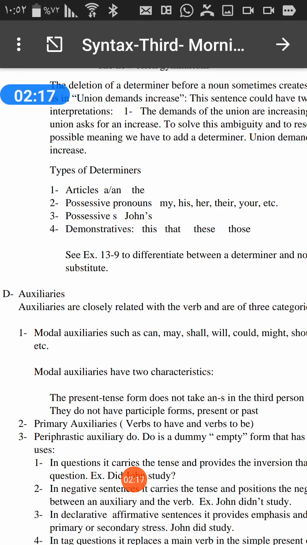Number two, we have possessive pronouns, ضمائر التملك, like my, his, her, their, your, etc. Number three, possessive s, التملك, like Jones's. Finally, number four, the last type of determiners are demonstratives, أسماء الإشارة, like this, that, these, and those.